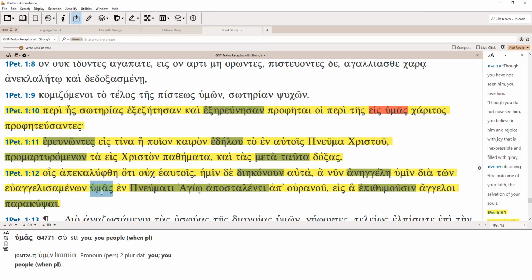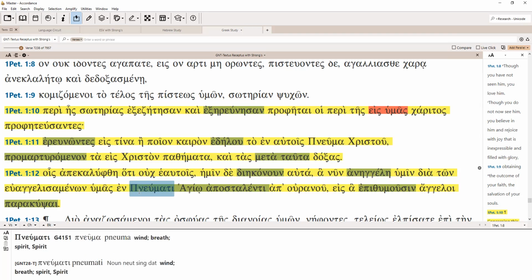Humas, to you, en, which is in. Pneumati hagio, the Holy Spirit. Apostalenti, modifying the Holy Spirit, which was sent. This is in the aorist passive participle.